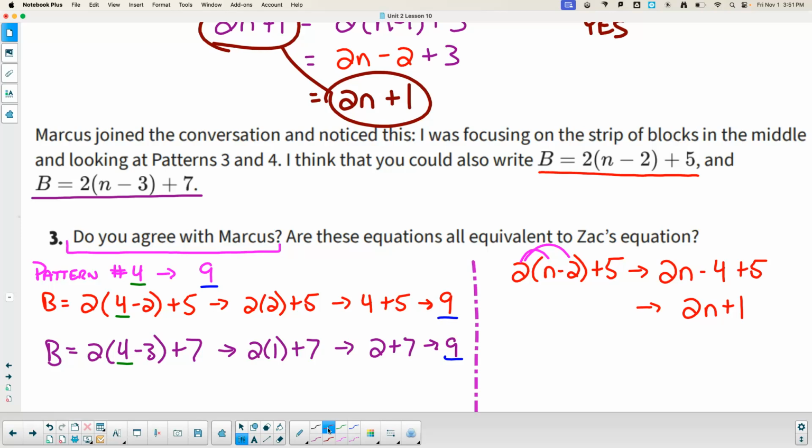So there is Zach's equation once again. If I do the same with the purple equation, distribute, 2n minus 6 plus 7 gives me 2n plus 1. So we've proved that those are equivalent to Zach's equation.